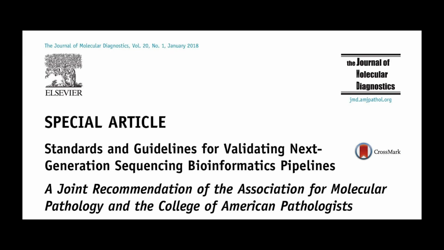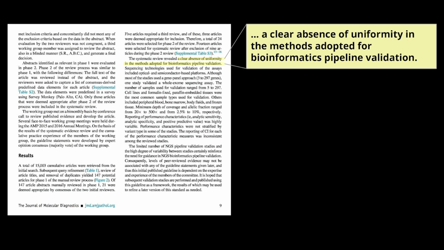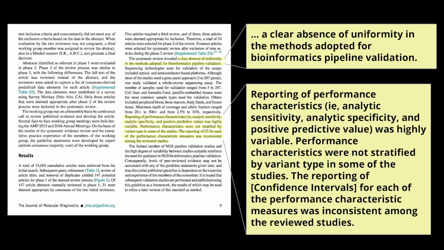In 2018, the Association of Molecular Pathology and CAP published a systematic review of validations for tests which use next-gen sequencing. They found a clear absence of uniformity in the methods adopted for bioinformatics pipeline validation. They described that validation samples, number of samples, and data thresholds were highly variable, and that reporting of performance characteristics, i.e. analytic sensitivity, analytic specificity, and positive predictive value, was highly variable.